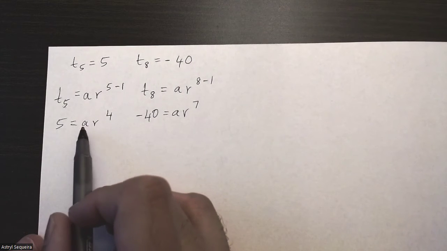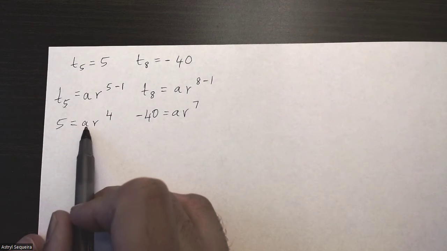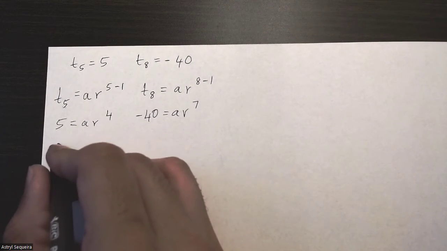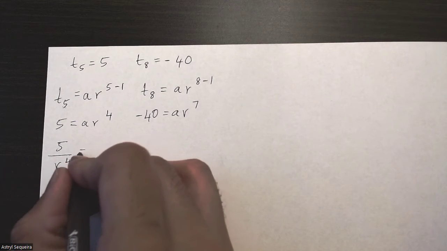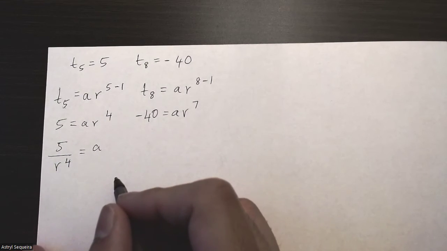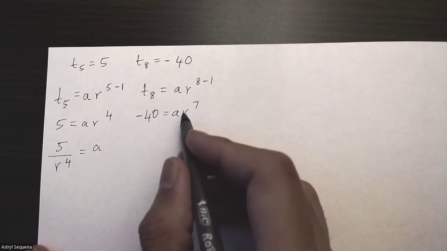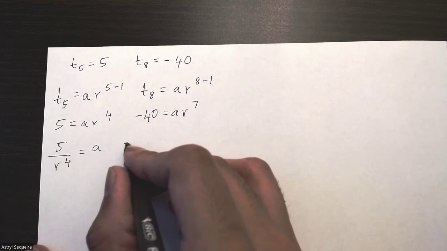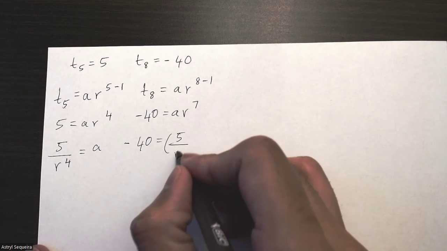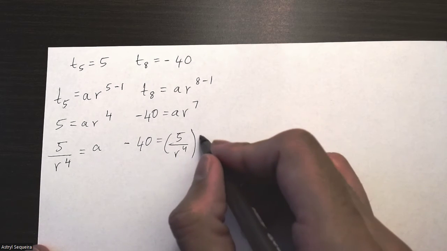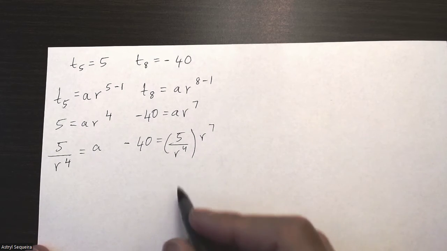I'll just do substitution. The easiest thing to do is isolate the A over here. I'll just divide this on the other side. 5 over R to the power of 4 equals to A. And I'll sub this in over here for this A. Negative 40 equals to 5 over R4 times R7.